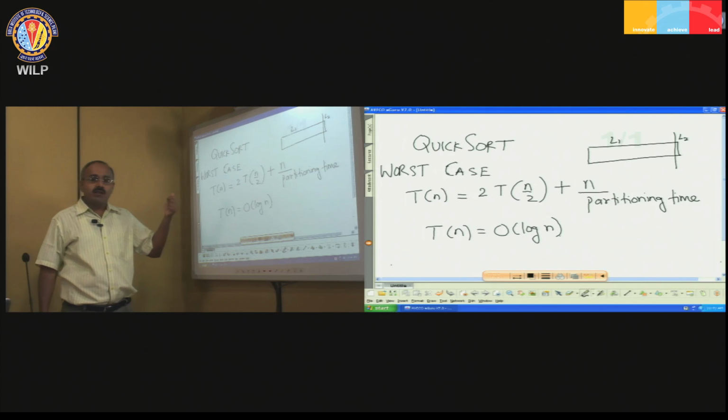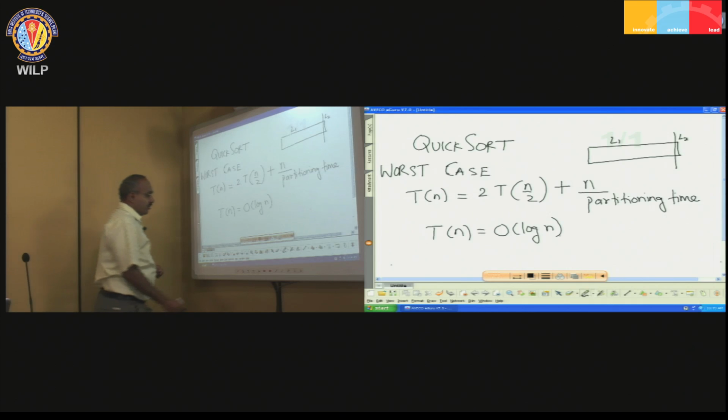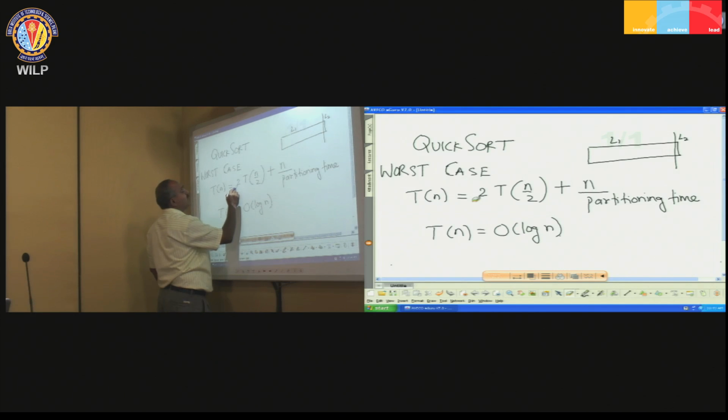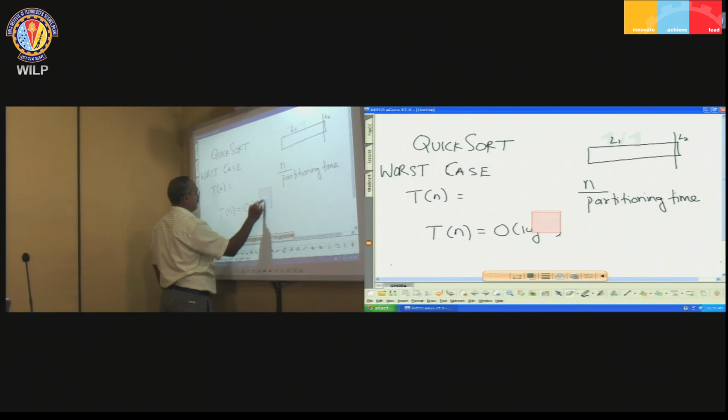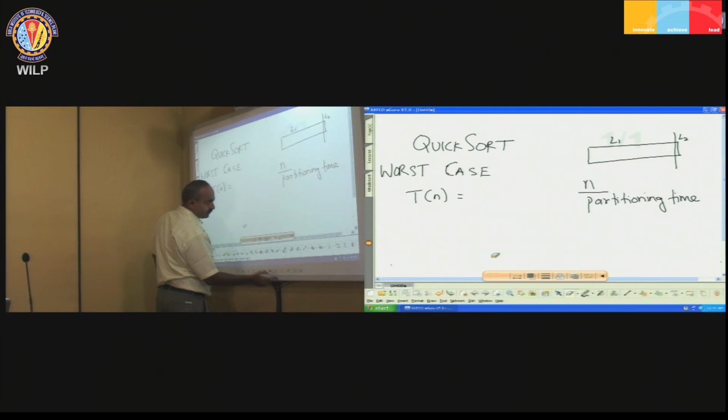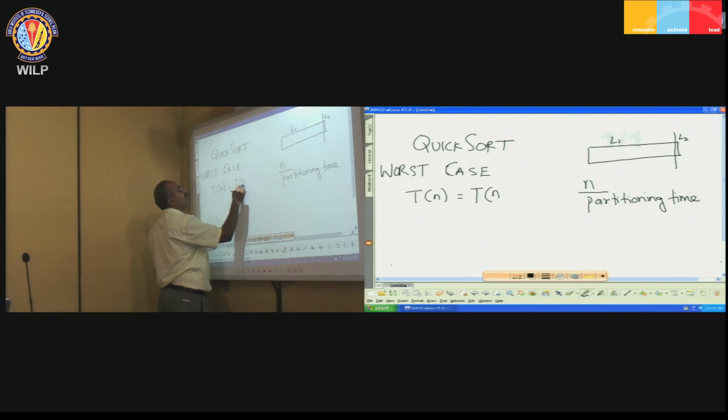This will happen at all the intermediate steps. So, finally, if you look at your procedure, this will be T(n) = T(n-1) + n.